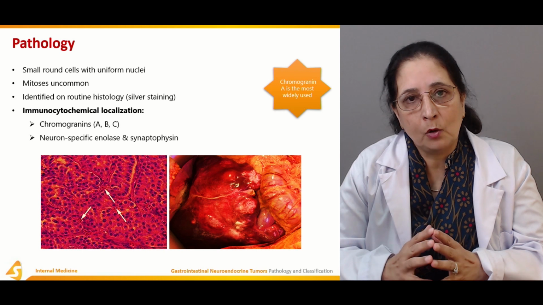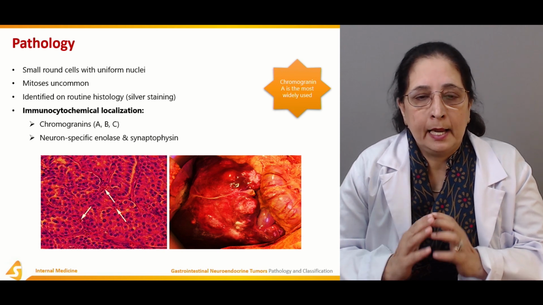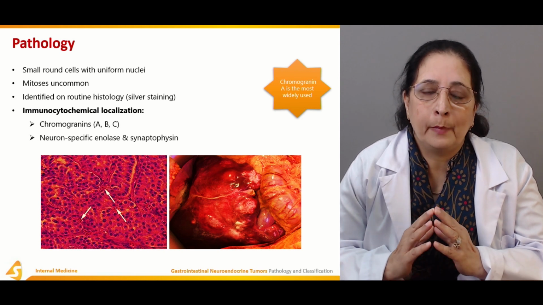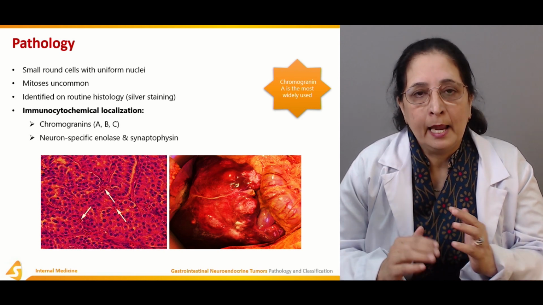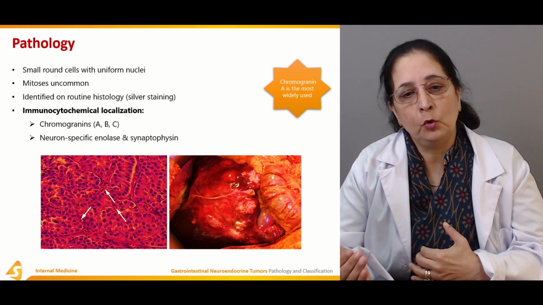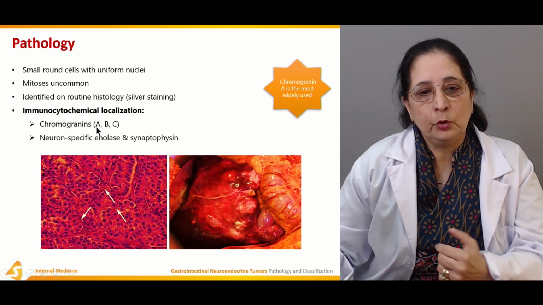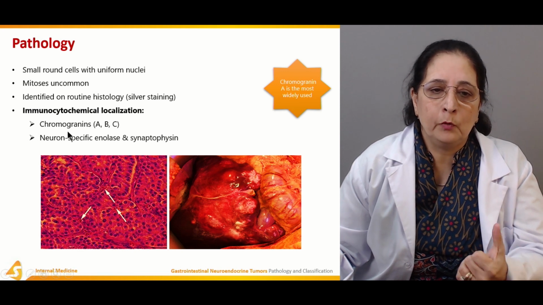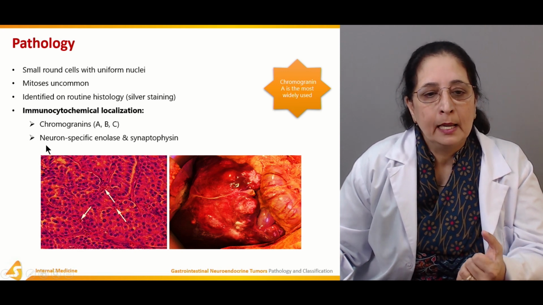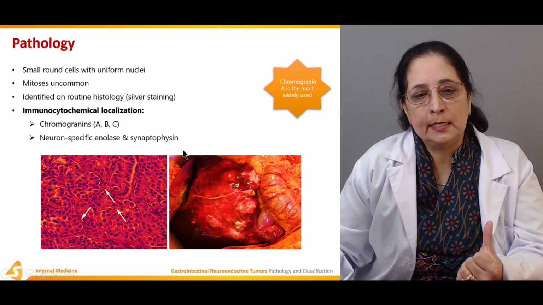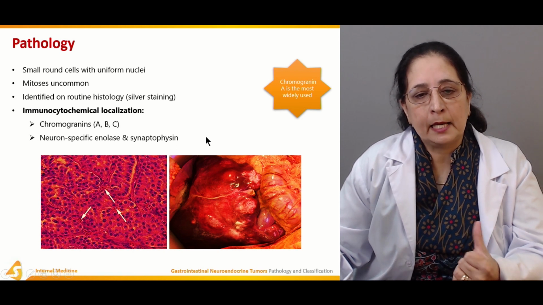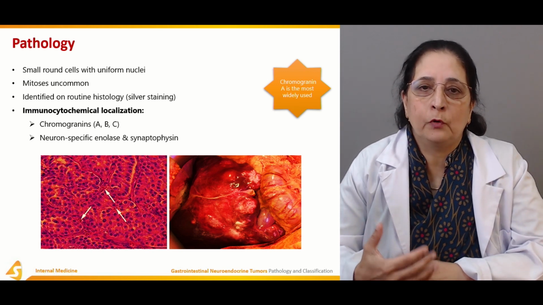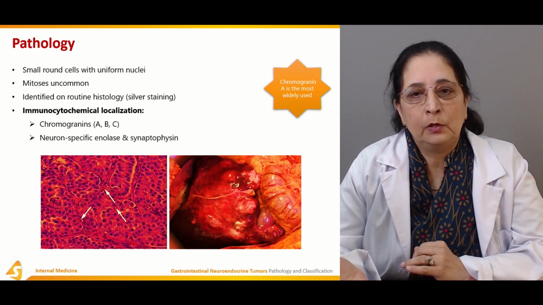Mitosis is uncommon in these cells, and usually the identification is performed by silver staining, and then cytochemical localization is by chromogranin A, B, C, neuron-specific enolase and synaptophysin. These are some of the chemicals used for immunocytolocalization.